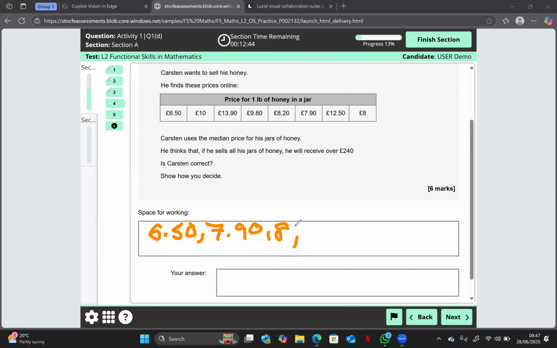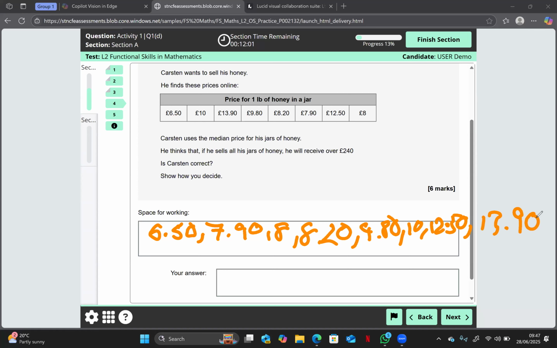The fourth one is £8.20. The fifth one is £9.80. The sixth one is 10. The seventh one is 12.50. The eighth one is 13.90.